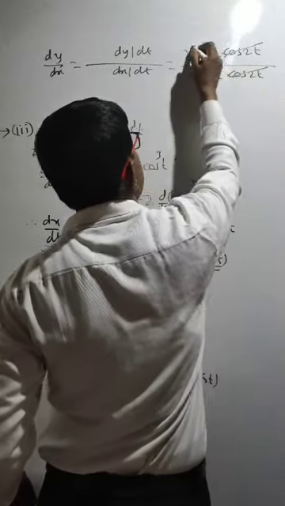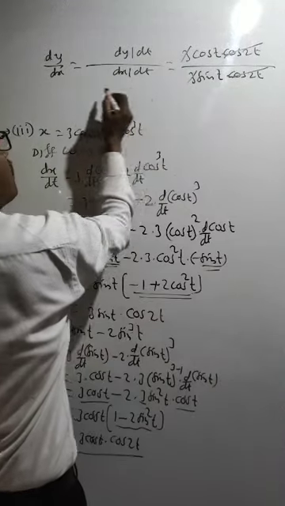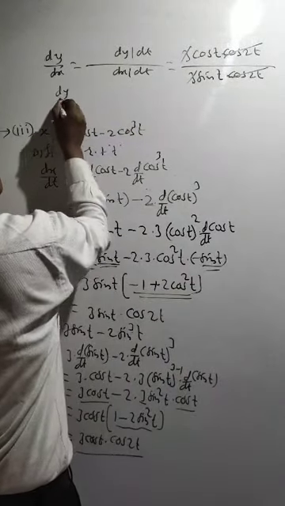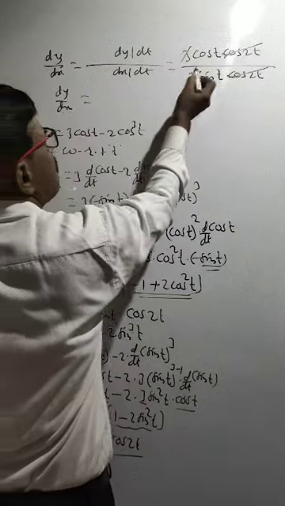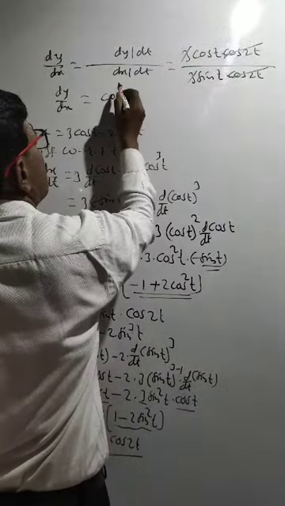Cos 2t cancels, 3 cancels. Therefore dy by dx equal to cos t upon sin t, which is cot t.